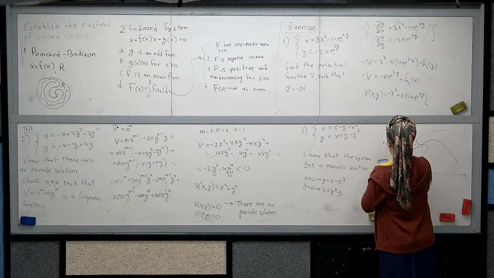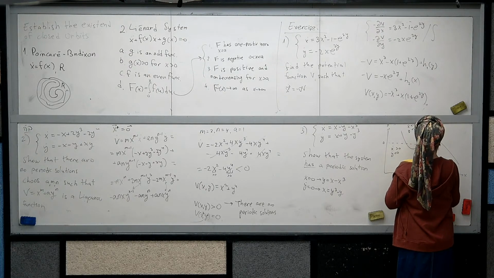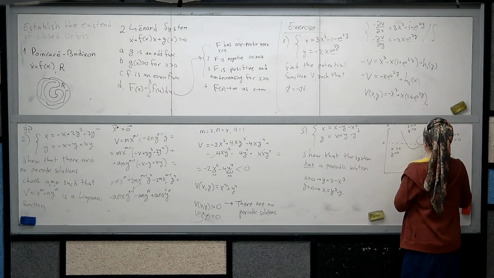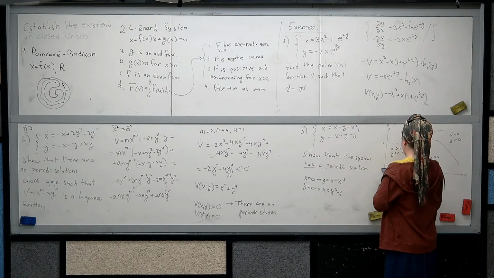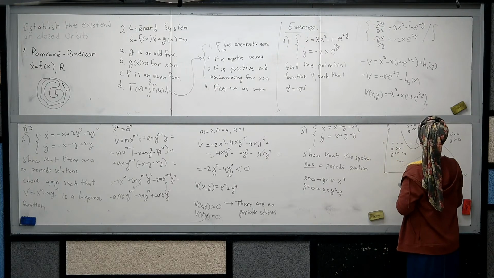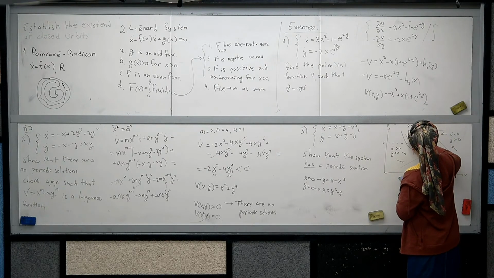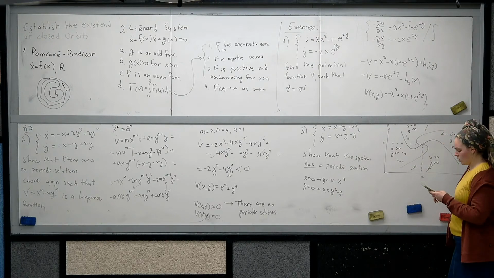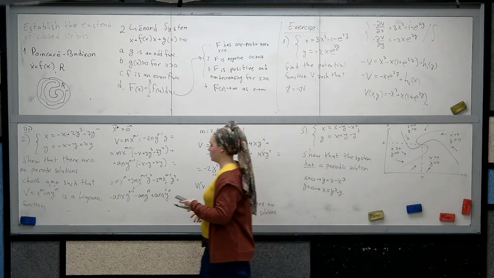In this area we have that. Here we have this, and here we have this. That means that the arrows here are here, and that. Okay, we want to prove that there is a periodic solution.